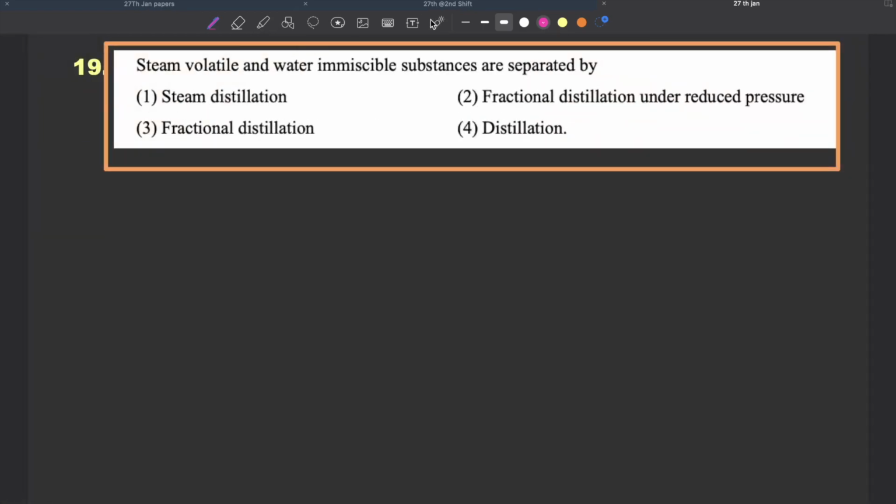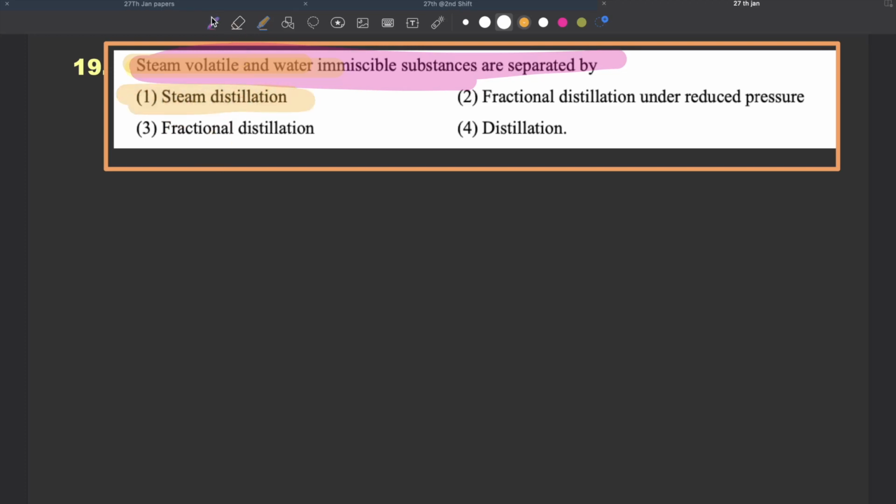Next question, a pretty simple question. The question is like, steam volatile and water immiscible substances are separated by steam distillation. The question itself has the answer. The answer is inside the question. Steam volatile is used by the steam distillation.